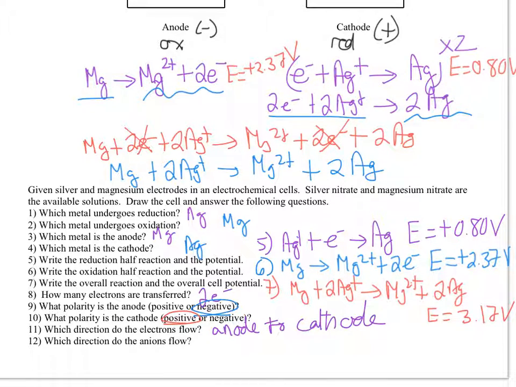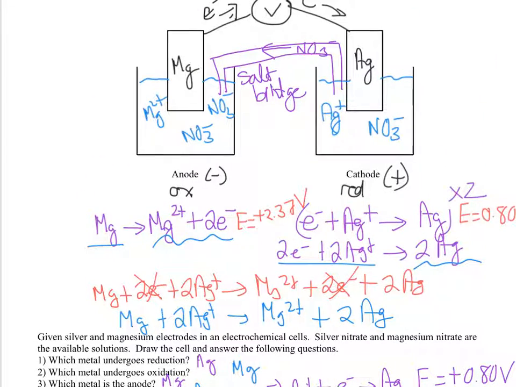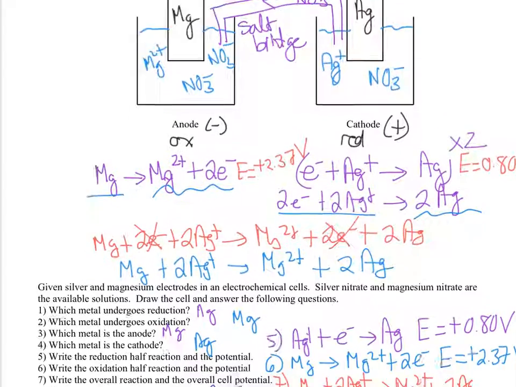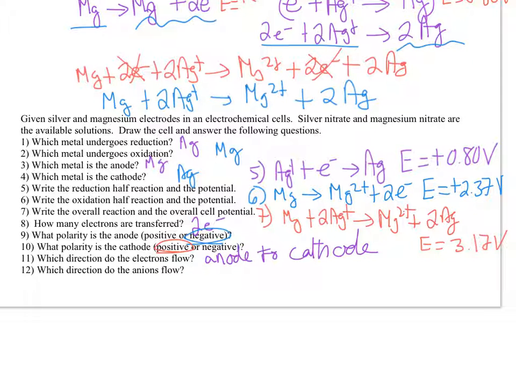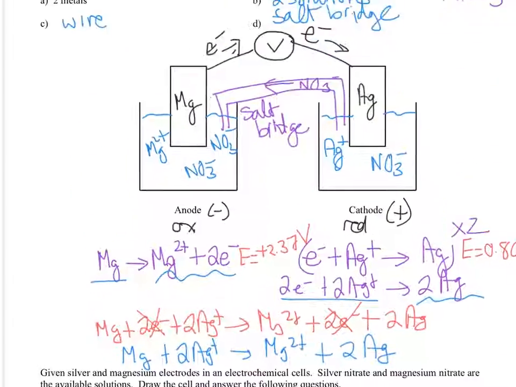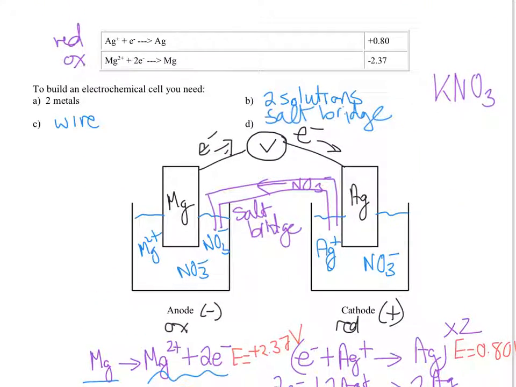So those are the nitrates that we have here. They are going from cathode to anode, or you can say from the silver to the magnesium half cells. So we'll say cathode to anode.